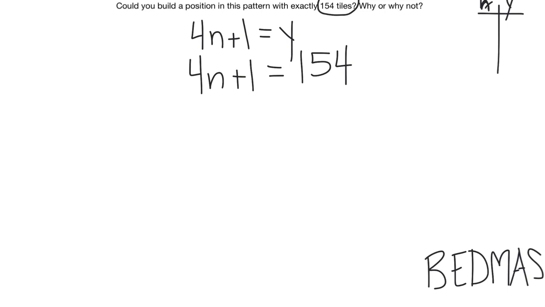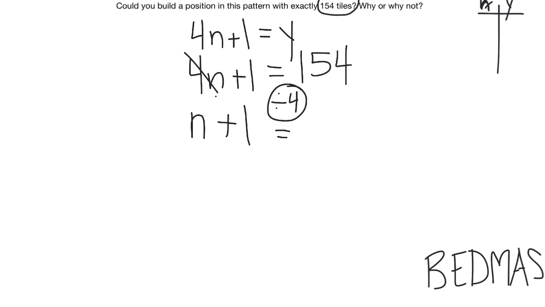So first of all, we've got this multiplication here, and we need to get rid of it so that we can isolate our n. And so what we're going to do is the opposite of multiplication, which is to divide by 4. We're going to do that to both sides. So when we divide, we get rid of this 4 because we have canceled it out.